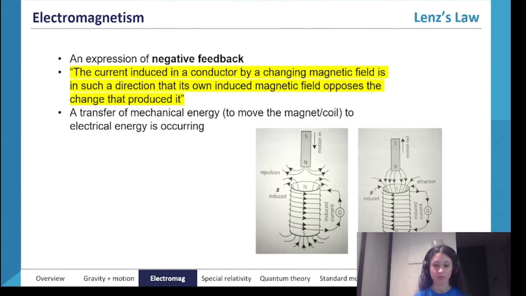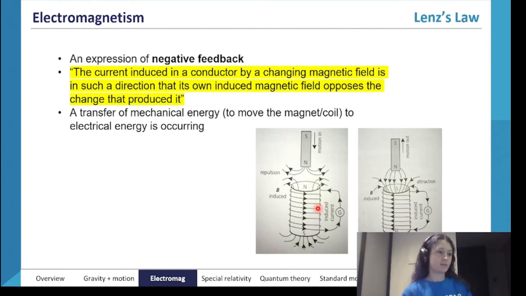Now, the actual reason this happens is obviously not because the current is being petty. It's actually due to the law of conservation of energy. I'll explain this in the context of the solenoid, which we have here. So, here we have our solenoid, and as you can see, the magnet is moving in. When the magnet is moving into the solenoid, the current is going to be induced to oppose that motion, right?